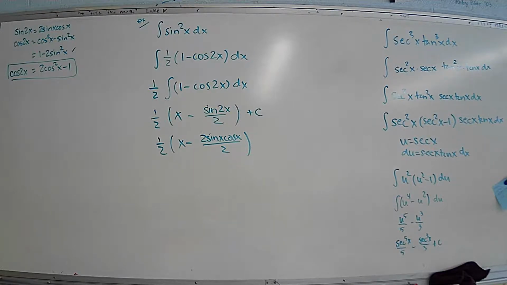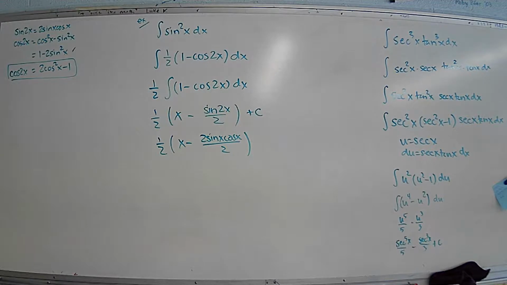Is it possible that you could have put this all in terms of tangents and let u equal tangent? You wouldn't have an extra secant squared placed on top of it.